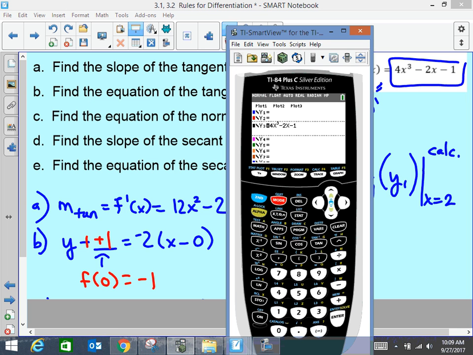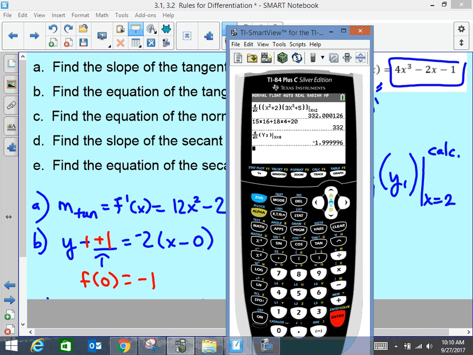When I go to the home screen and I'm going to find a derivative, it's math 8. I got to remember this is x. Now, I hit vars, that stands for variables, y vars, that stands for y variables, and I hit function, and remember mine was y3 just because I didn't feel like going back up. And at 0, there's still my -2.